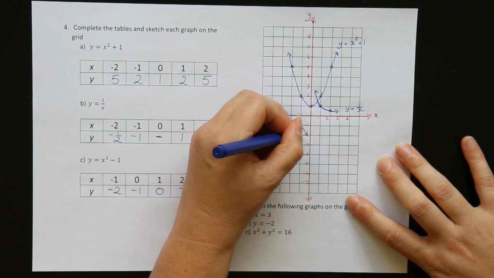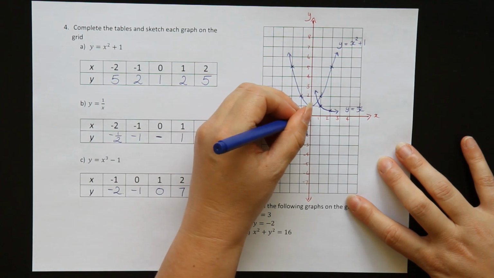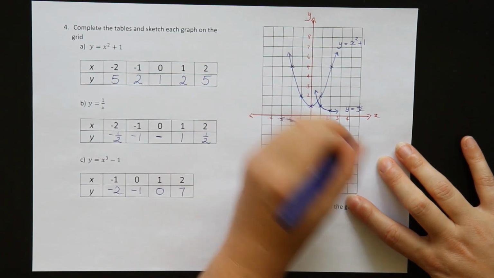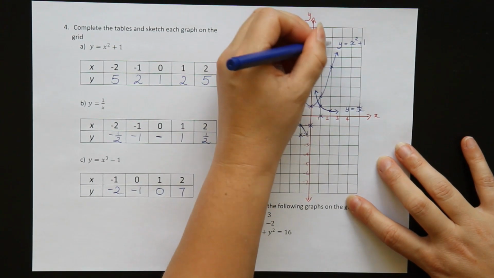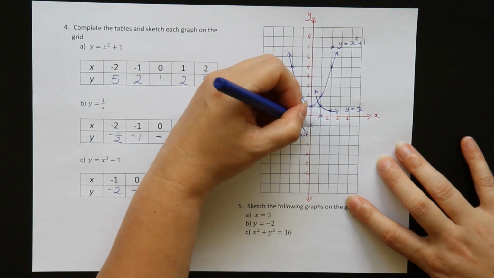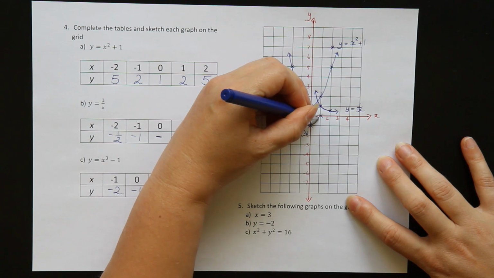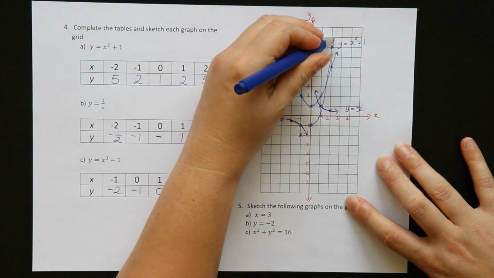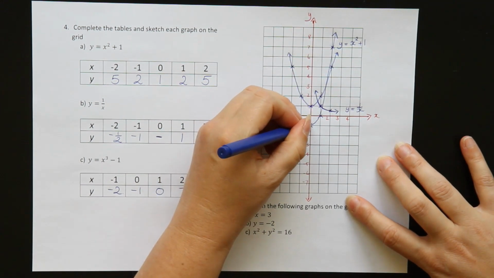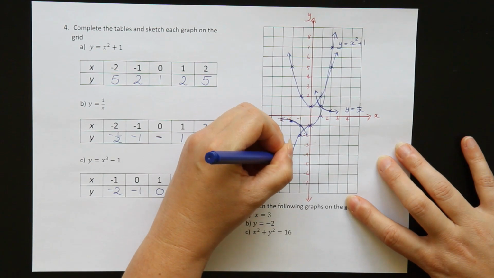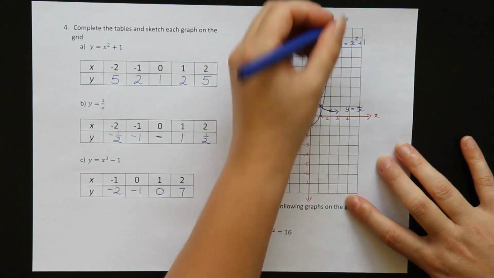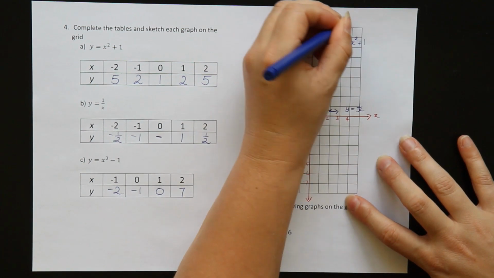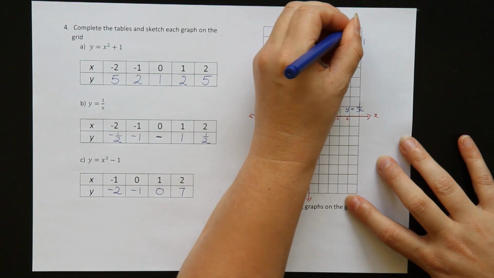Minus 1, minus 2; 0, minus 1; 1, 0; and 2, 7. This is the starting point of my cubic. It goes up like this, and I've only got a little bit on the other side, like that. So that is y equals x cubed minus 1.